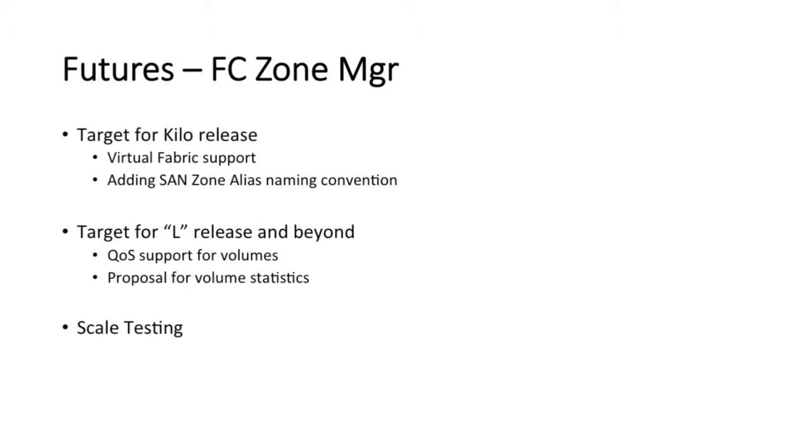And then beyond Kilo, we're looking at opportunities for addressing quality of service, as well as being able to promote some of the volume statistics that are part of the SAN. So those are some of the major items. We'll also continue to enhance scalability requirements, understanding that these are evolving for the enterprise customers. So stay tuned for some of that as well.